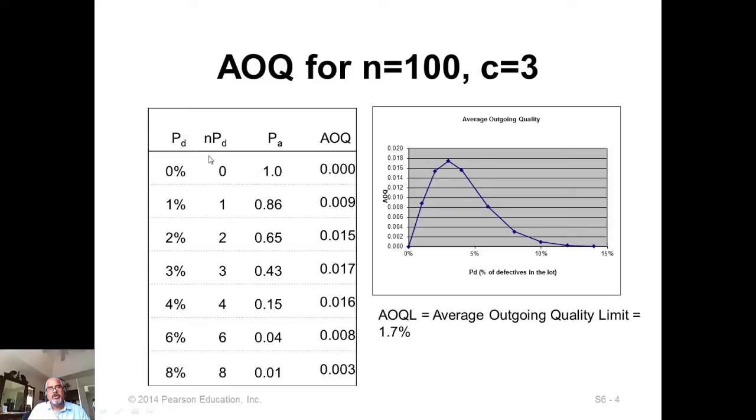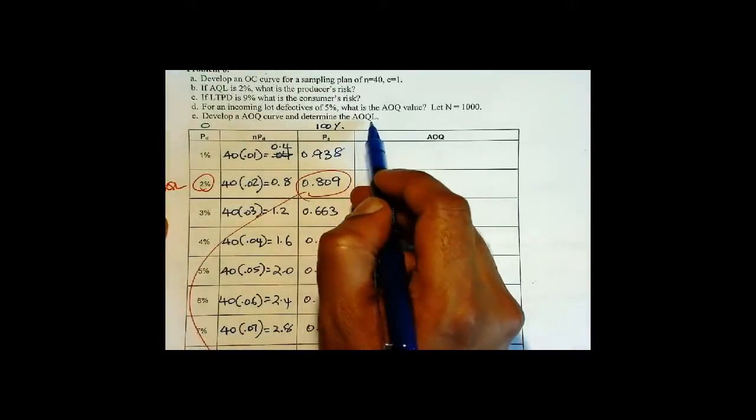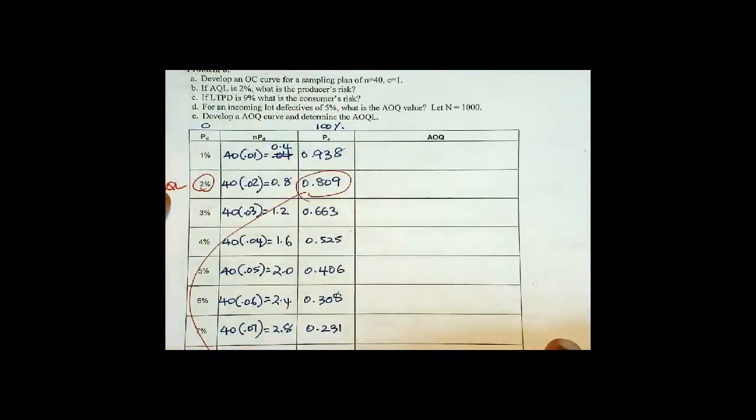Even though we will never know what the exact P sub D value is going to be for a given lot, we know that in the long run, whatever P sub D may be, this is the maximum possible proportion of defective parts getting through the inspection and into our inventory. For that reason, this is called the average outgoing quality limit, AOQL. Now let's compute the AOQ and find AOQL for this problem.